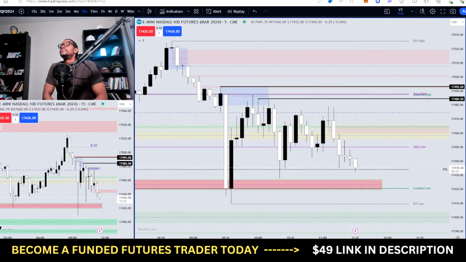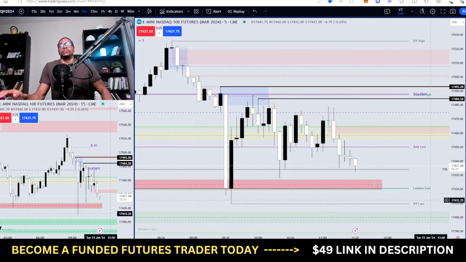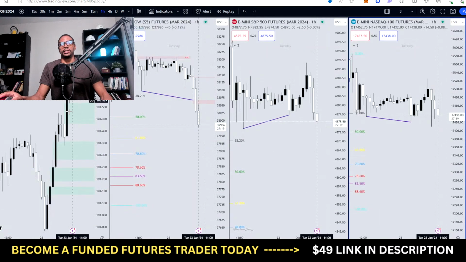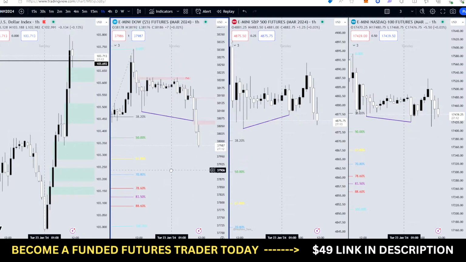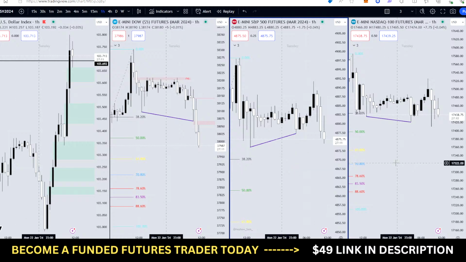And while we're still consolidating, I'm going to go ahead and flip us over so we can continue to monitor how all of them are trading together. Put us in a better viewing position.